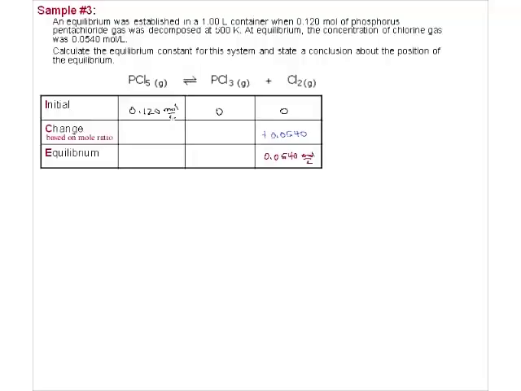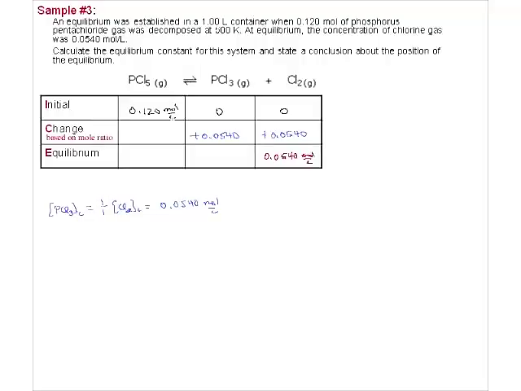And we're looking at this and saying, well, that's a 1-to-1 ratio. So if we started with nothing here, and if I get 1 mole of chlorine, then I should get 1 PCl3 as well. So if this went up by 0.054, this should go up by 0.054, the same amount, because it's a 1-to-1 ratio.